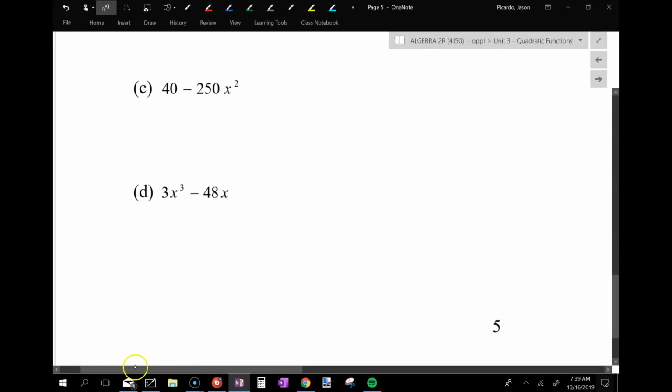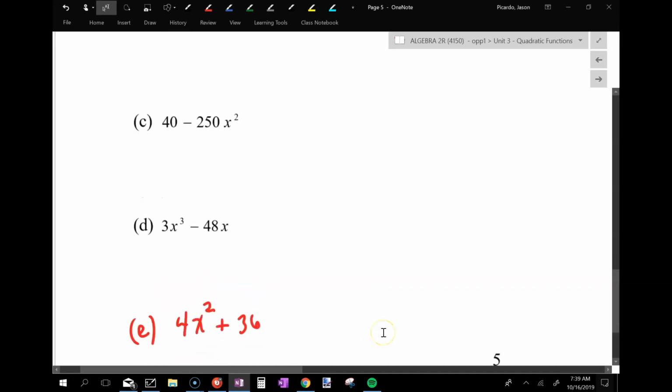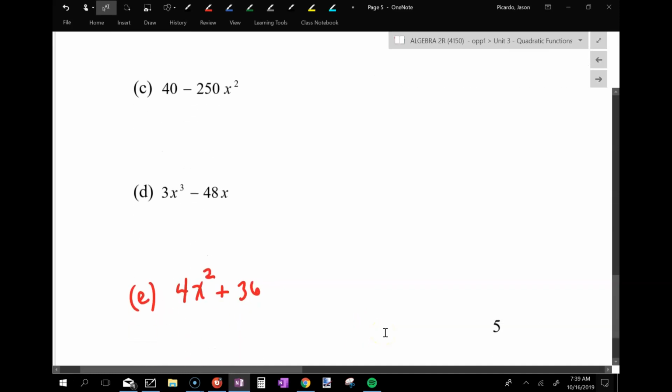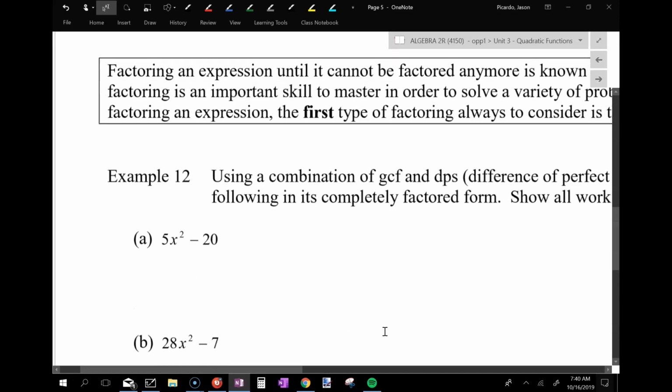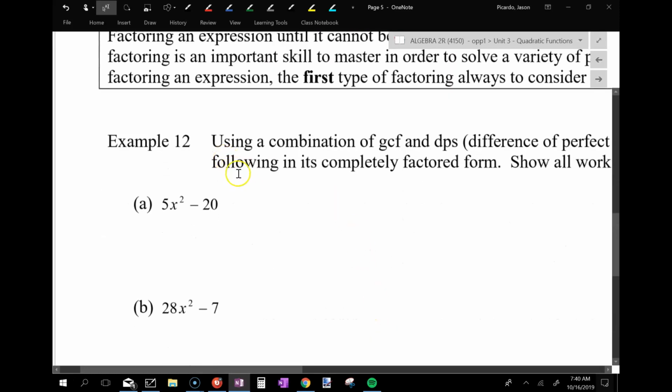Actually, let's do this, guys. Add this to the bottom. All right, so that was 4x squared plus 36, okay? So what are the directions here, guys?